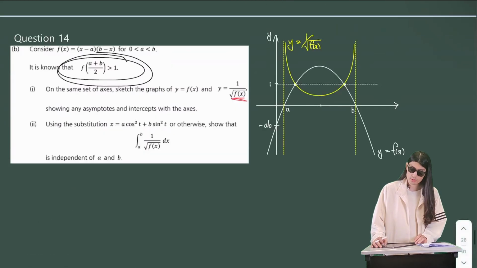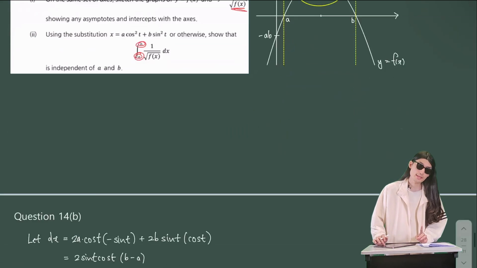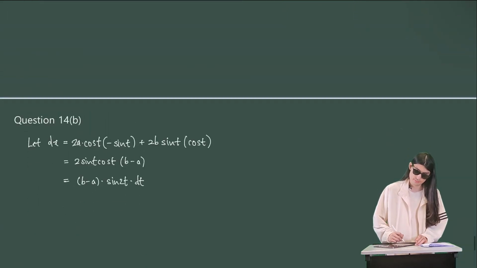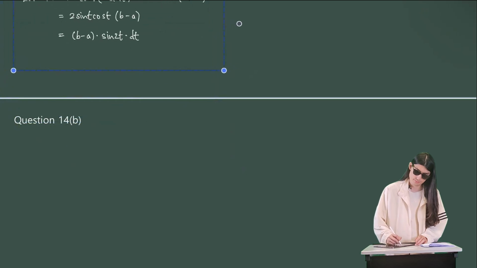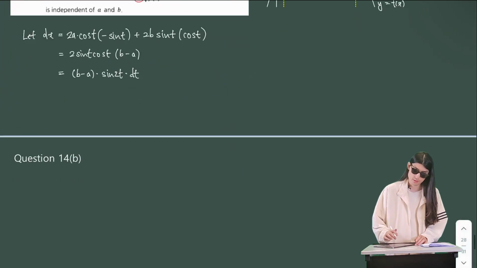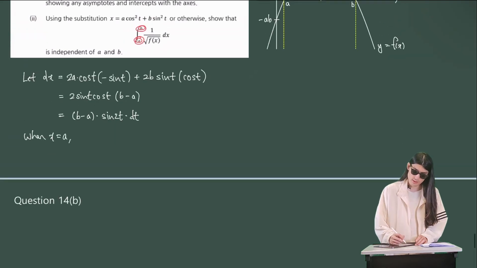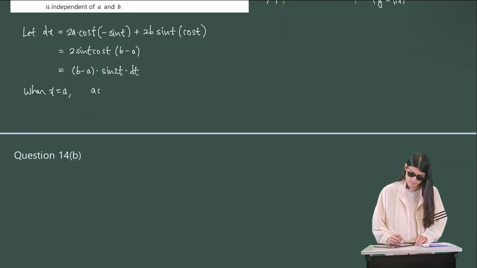We also need to change these boundaries, a and b. So when x takes those values, let me do it up here. When x is a, it of course means, guys, a cosine squared t plus b sine squared t is equal to a.